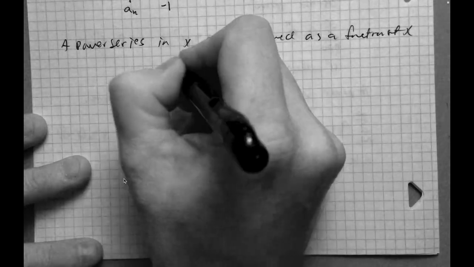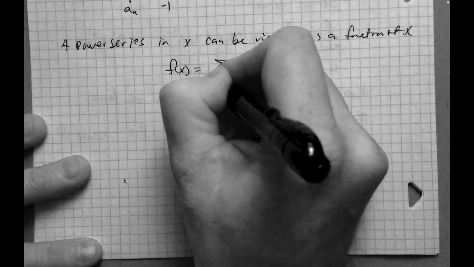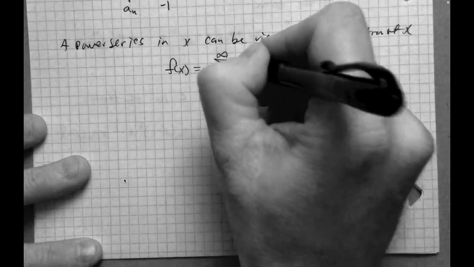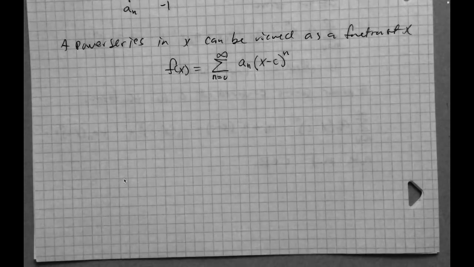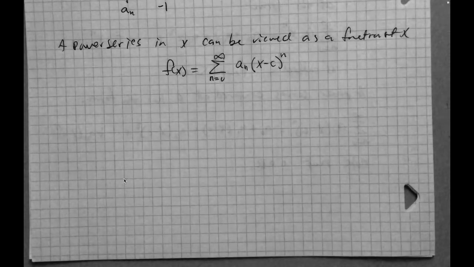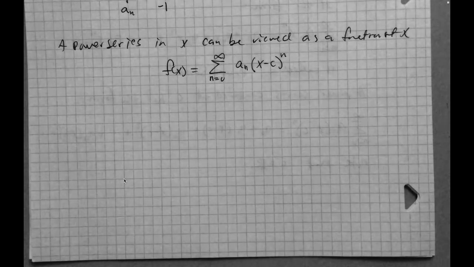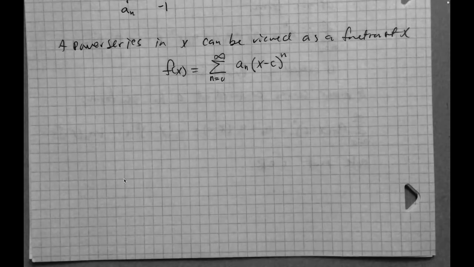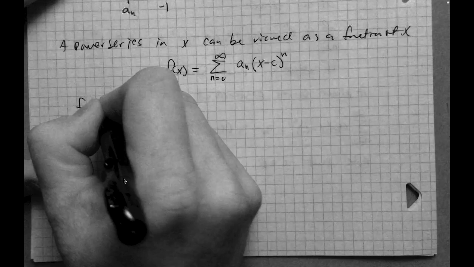You can think of it like this: f of x equals the sum from n equals 0 to infinity of a sub n times x minus c to the n. So naturally you could plug in values for x. If I want to evaluate this power series at x equals 2, I could plug that 2 into the entire function.